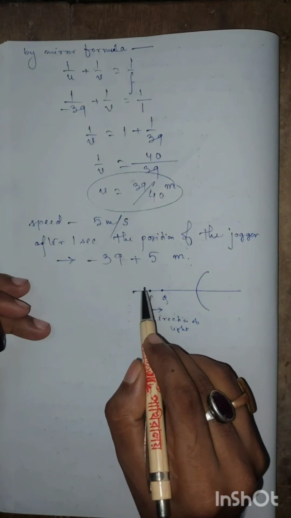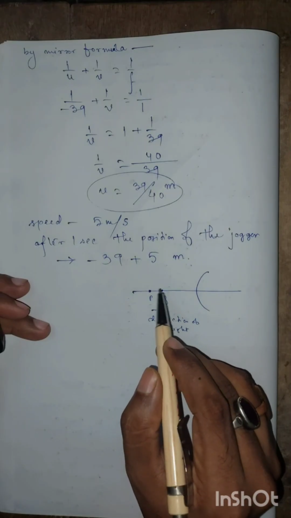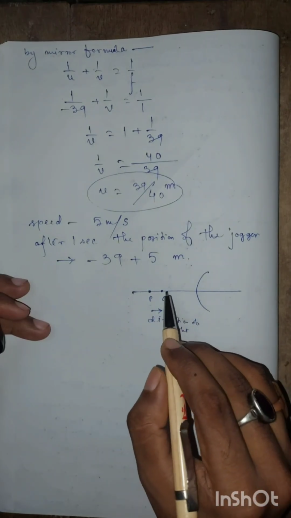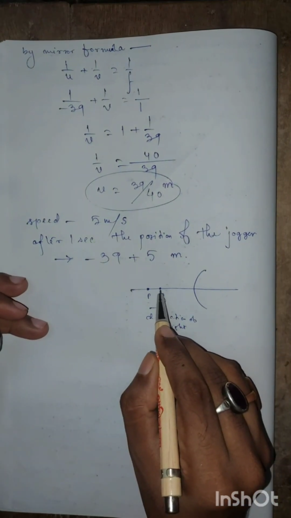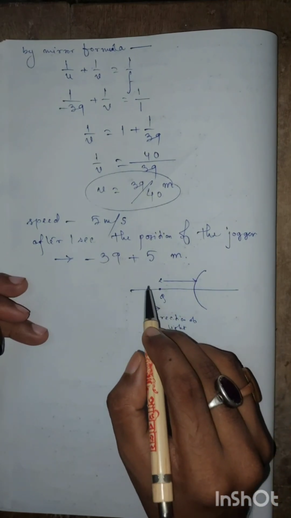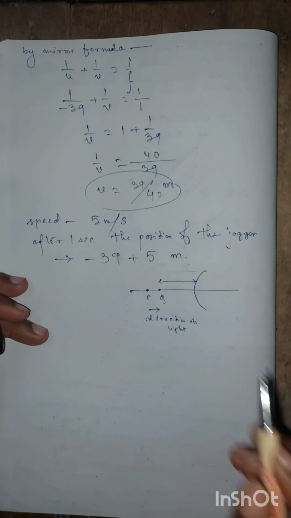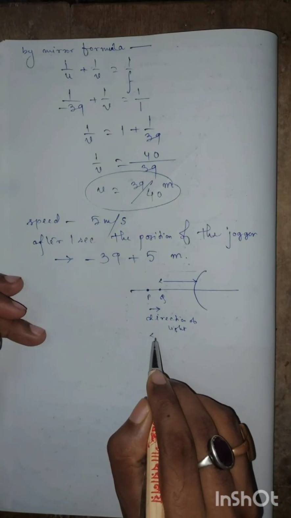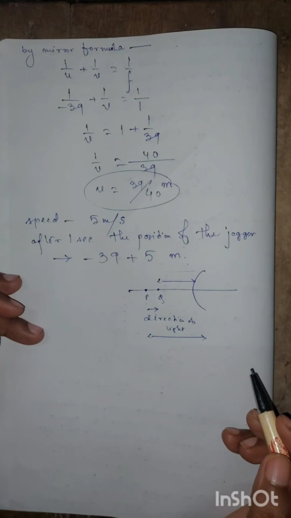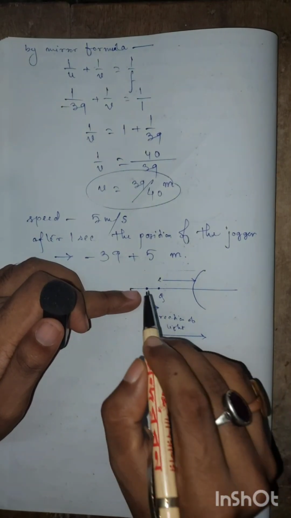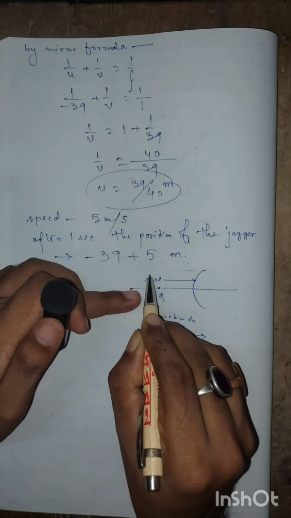So at P, his distance from the mirror is 39 meter, and this part is 5 meter.